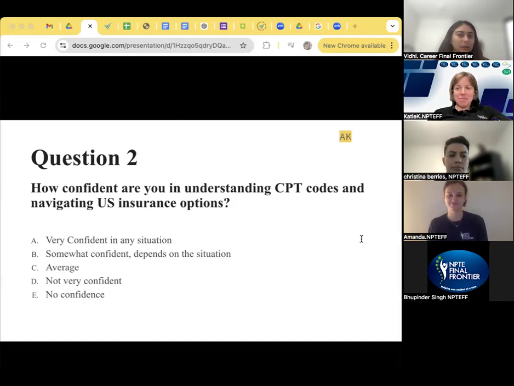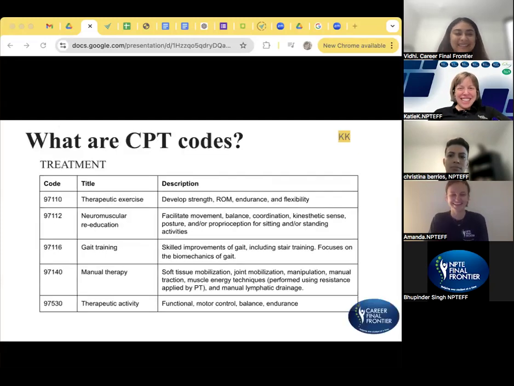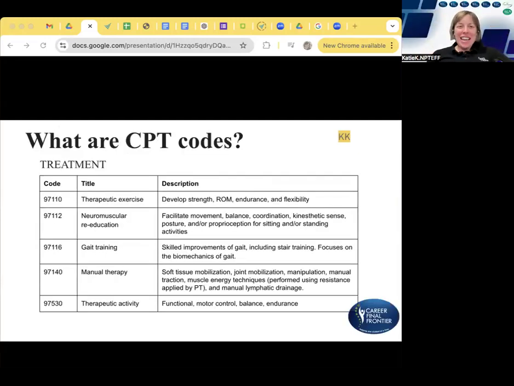I don't think that we're involved in self-billing or doing all of these things ourselves, but it's nice to know about them. That way you know how to navigate through them. Okay. Moving forward. Sorry, Amanda, did you want to add anything to that? I moved ahead too fast. Okay. No, we're all good. You guys are just on the same wavelength. My hand showed up. I can't help it.